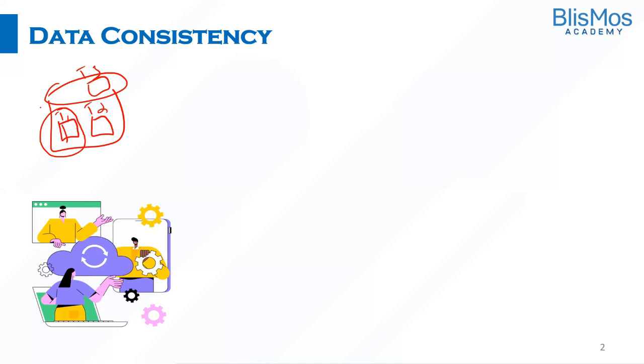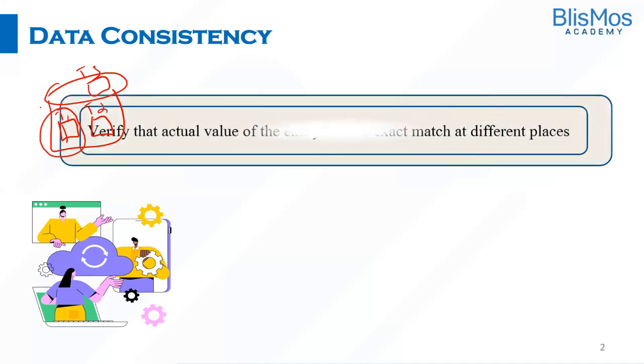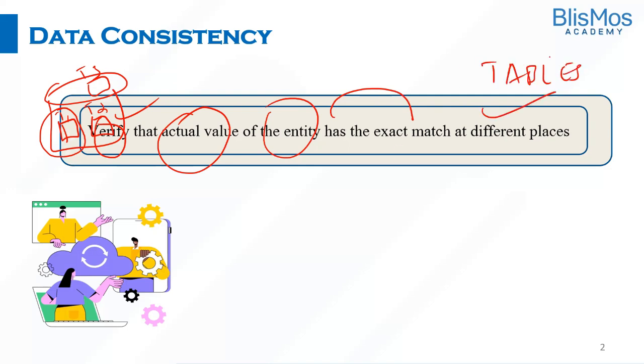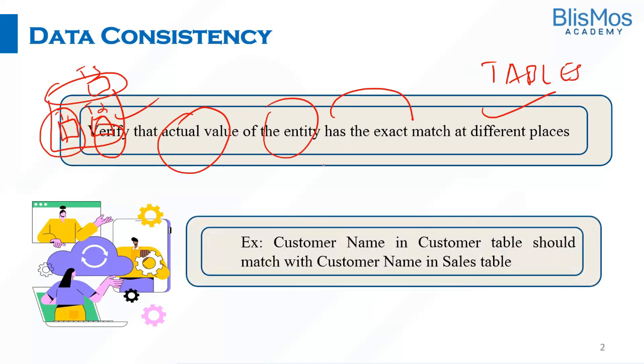It should be the same. So as a part of data consistency, we validate or verify that the actual value of the entity has an exact match at different places. When I say different places here, I mean different tables. For example, assume you have two tables. One is a customer table. The second one is a sales table.